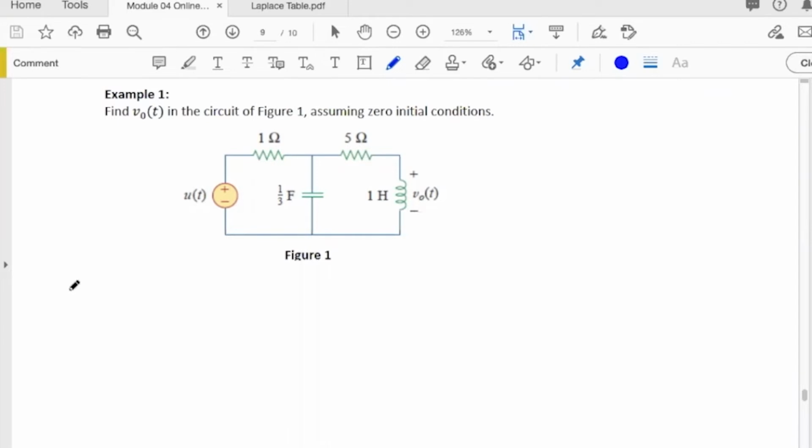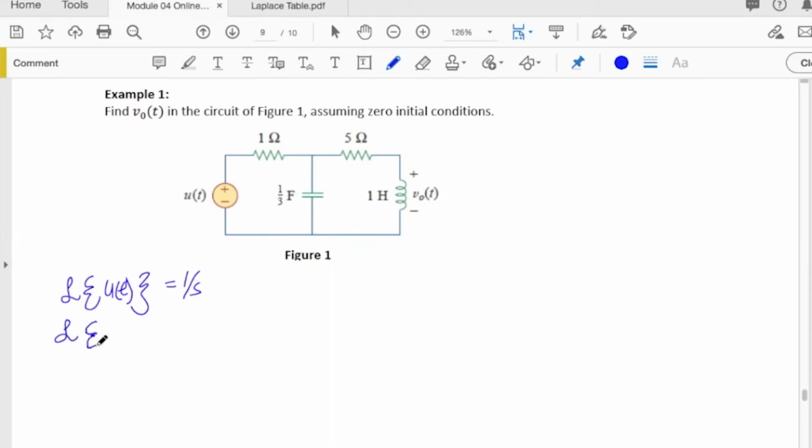We have the Laplace transform for the voltage source, which is u(t). If we apply the Laplace transform for that one, you can refer to the table, and this will give us 1 over s.